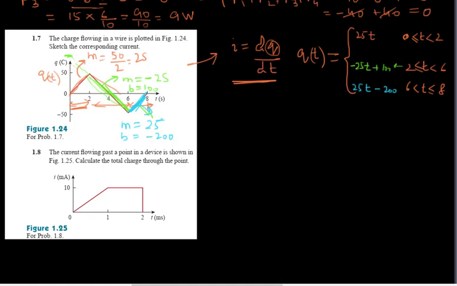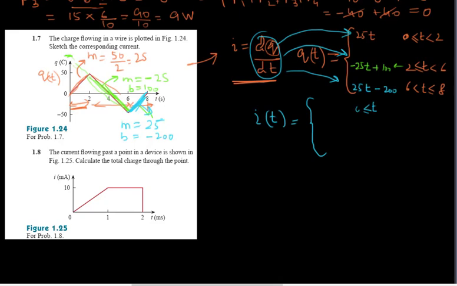Now you can apply dq over dt to each and every one of these equations, and the current I of t is going to be described in the same way. It would be between 0 and 2 seconds first, then between 2 and 6 seconds, and finally between 6 and 8 seconds, and your answer is going to come up over here.